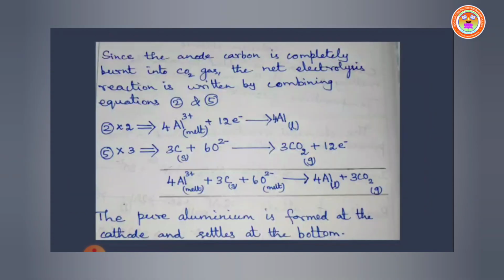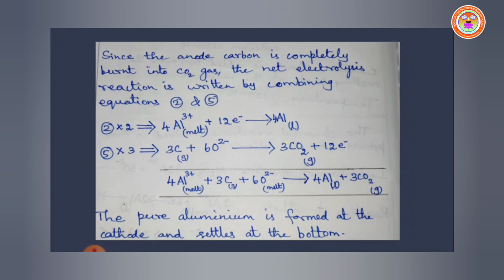Remember, children, during the extraction of aluminium from bauxite ore by the Hall-Heroult process, the carbon anode is completely burnt into CO2 gas. So the carbon block is removed periodically.